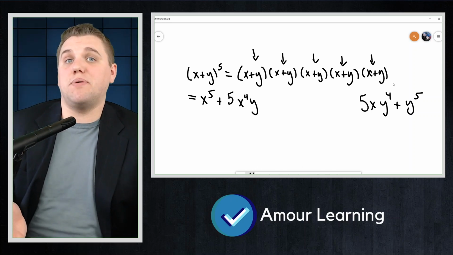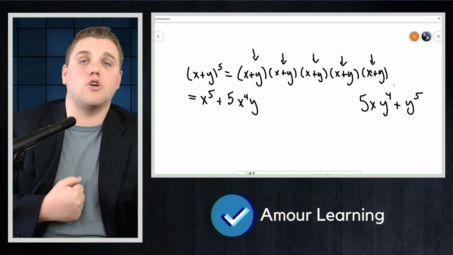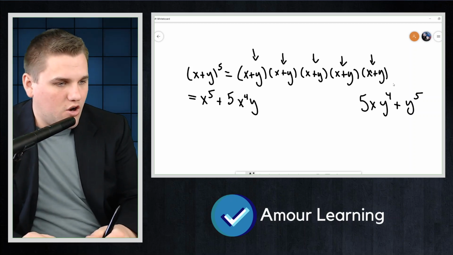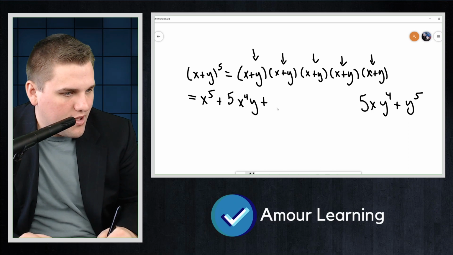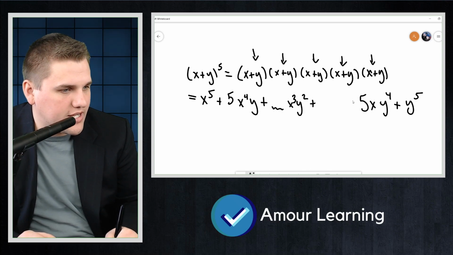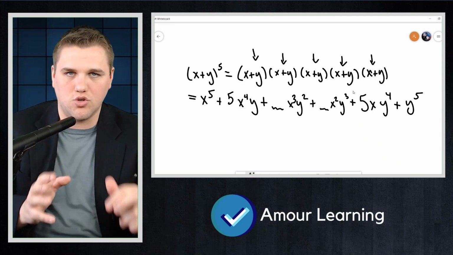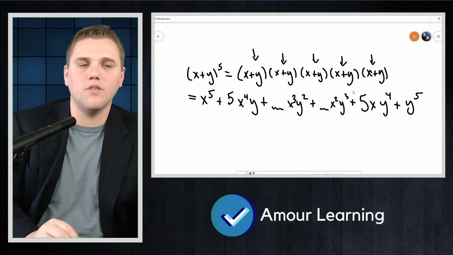In both cases, we need to pick exactly 3 of the 5 binomials to contribute one variable. So here we have plus something x cubed y squared plus something x squared y cubed. We're still trying to figure out those 2 coefficients.